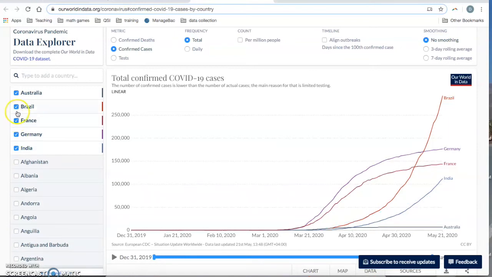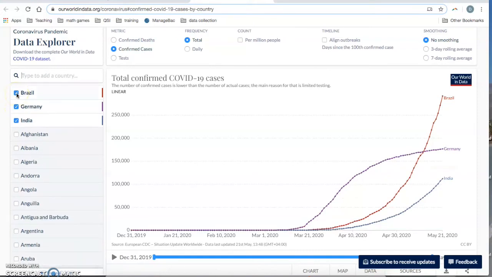And let's get rid of France as well, and Australia. So, can you see any exponential looking functions here?